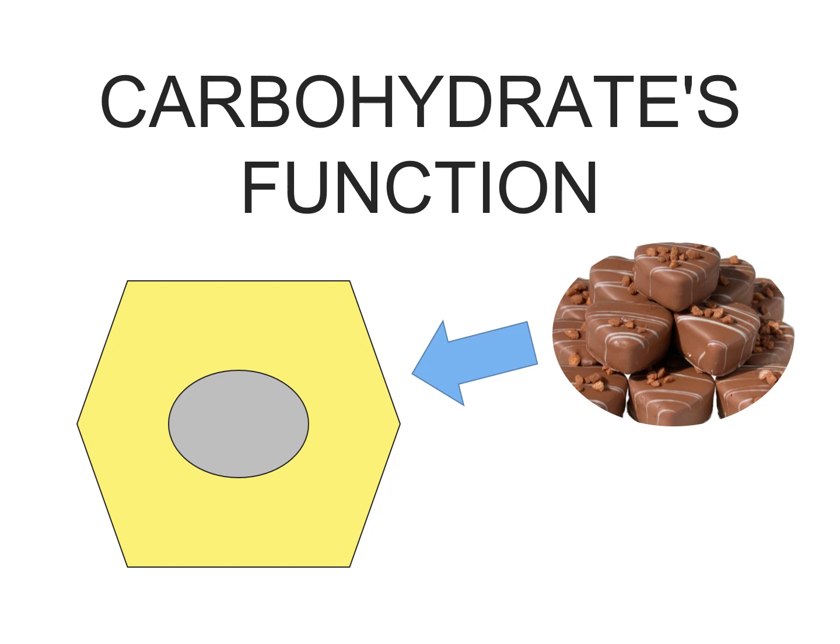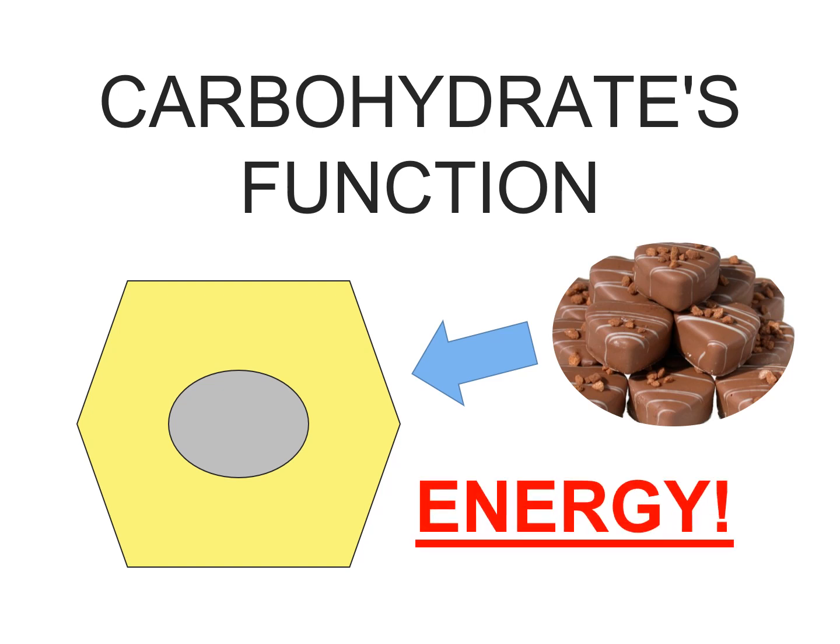Now, carbohydrates are said to be the major fuel of energy for the cells of the body in order for them to function well and, of course, to survive. One of the major roles of carbohydrates is to release energy in the form of adenosine triphosphate, or ATP.